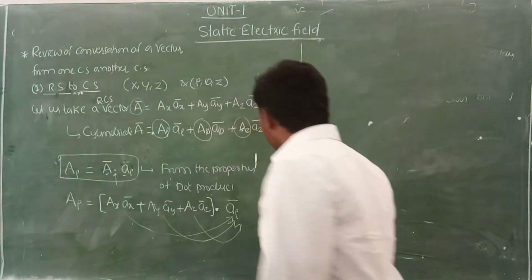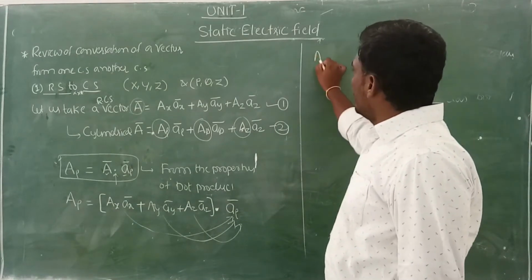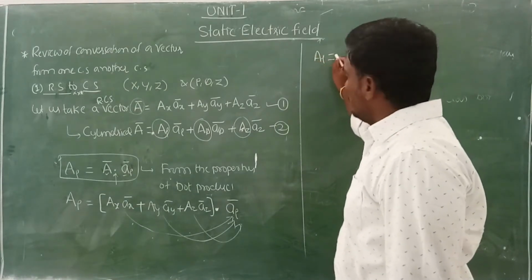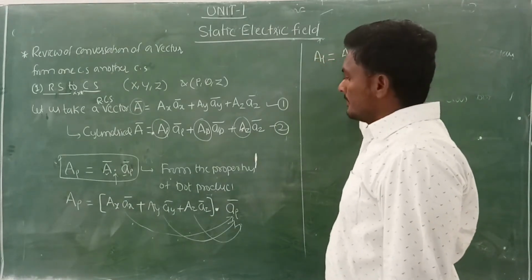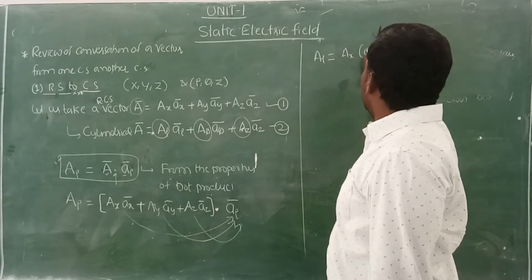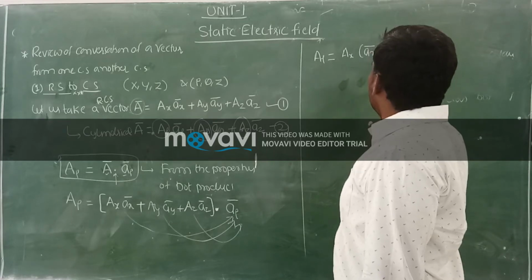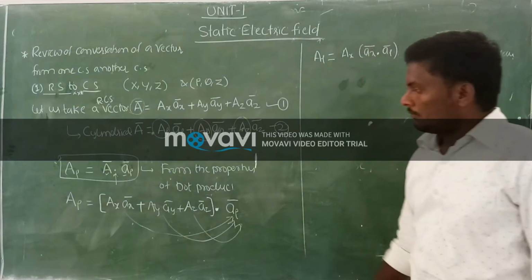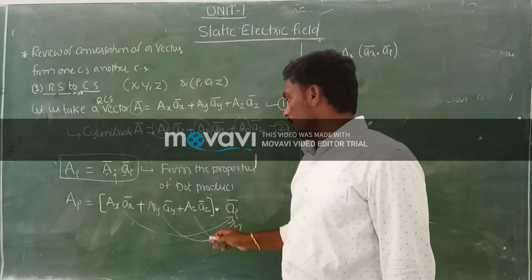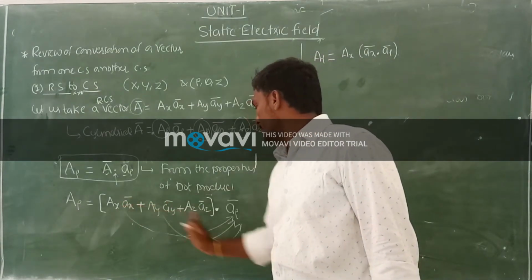Now a rho equals ax bar dotted with a rho bar. First of all, I did the dot product between ax bar and a rho bar.